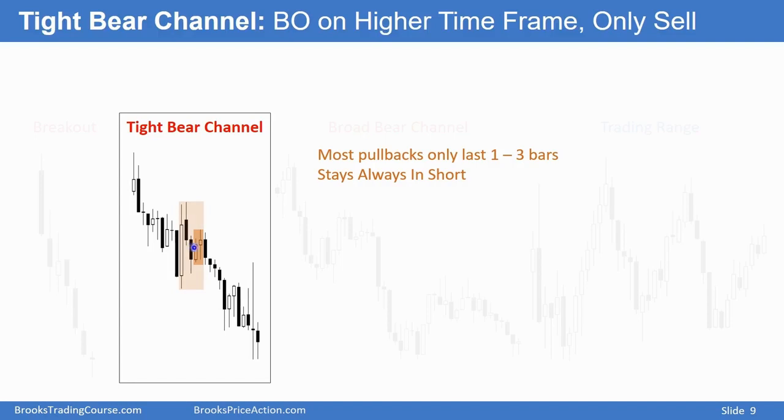Just like with the breakout, no matter where you sell, your stop is still going to be up here. Your probability of making a profit is high if you're selling, again, for any reason at any time, but your stop is still up here. If you're selling down here, anywhere in here, your risk is big, but your probability for making money is high if you're selling. And as I said, anytime you have a high probability of making money, there has to be a reason for an institution to take the other side of the trade.